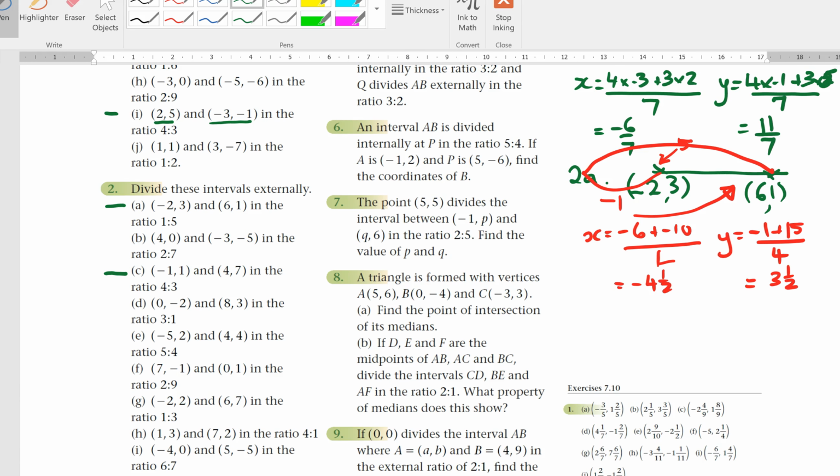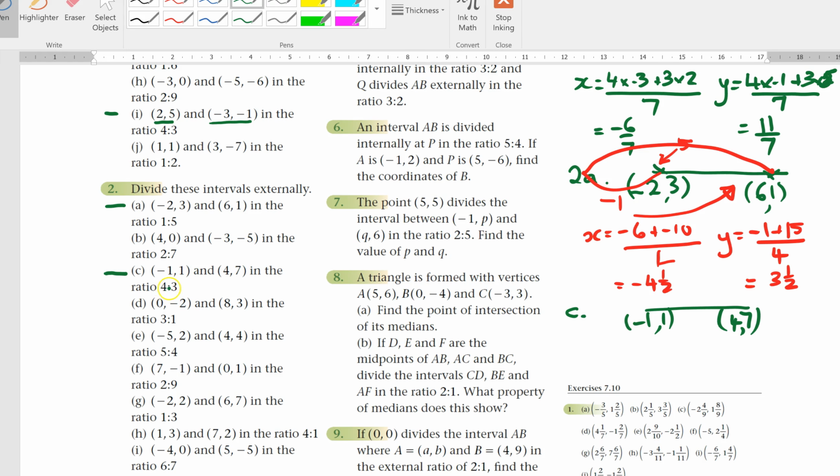Now if I just do C, really squeeze it in here, we're running minus 1, 1 to 4, 7 over here somewhere, and we're dividing it externally, so our point is going to be beyond this line, and it's a ratio 4:3.